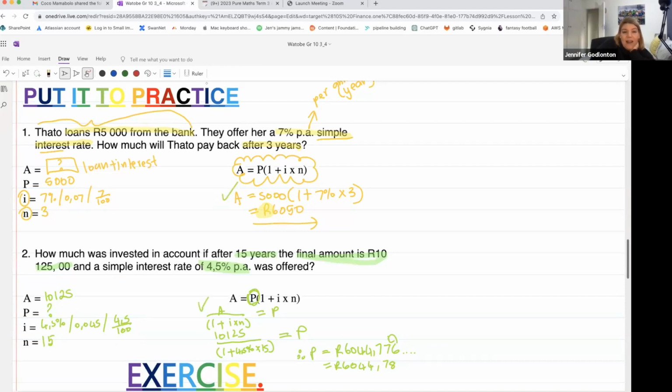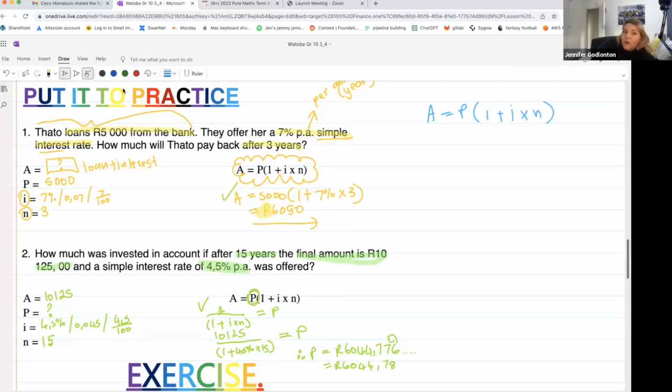Let's try and make I and N the subject of the formula. So we're not going to worry about numbers at the moment. We're just going to write the formula out. So we've got A is equal to P, 1 plus I times N.